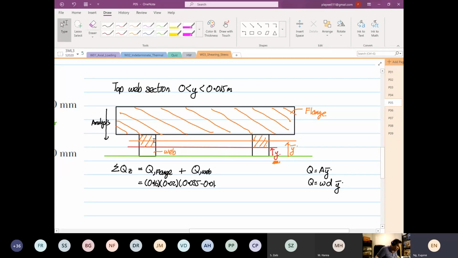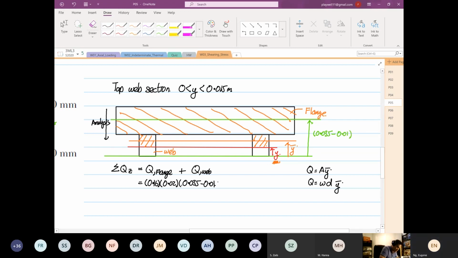Why that is, because the distance from here to here, this distance, we're talking about the flange now. So it's equal to 0.035 minus 0.01.